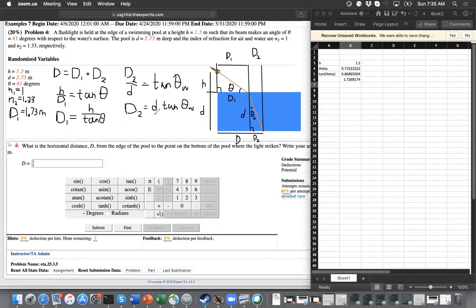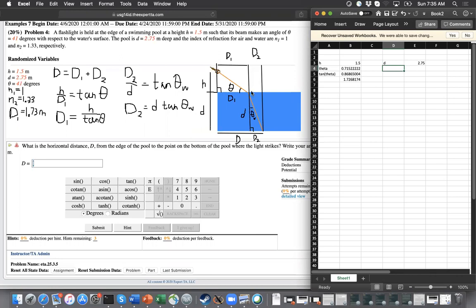Great. And we know d is 2.75 meters. So we can do that. That's easy. d is 2.75. Now, wait, we need just theta w. Wait, do we know that?